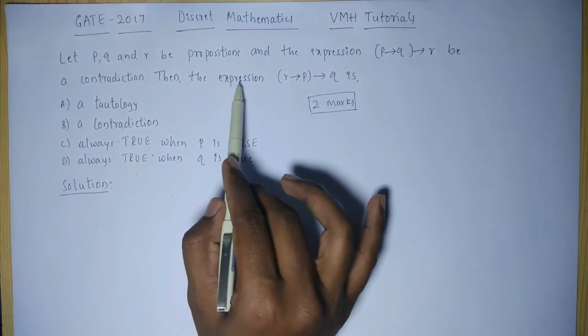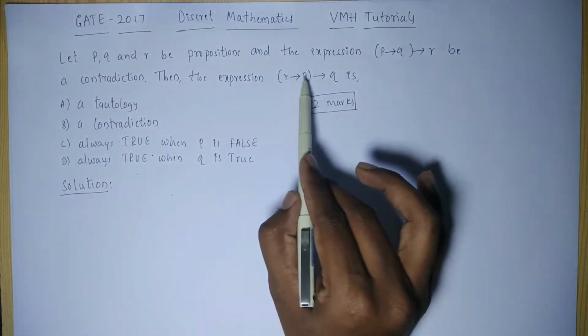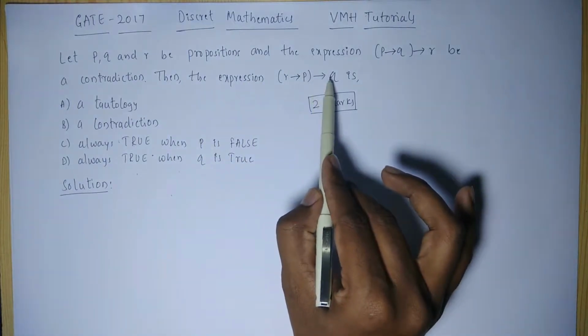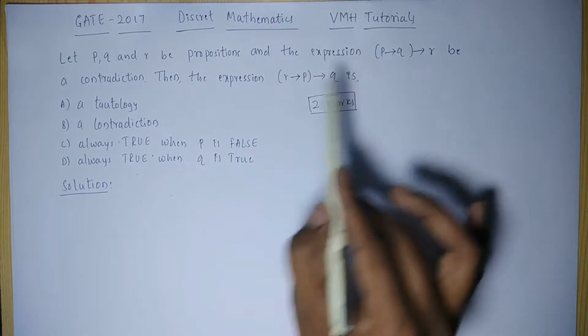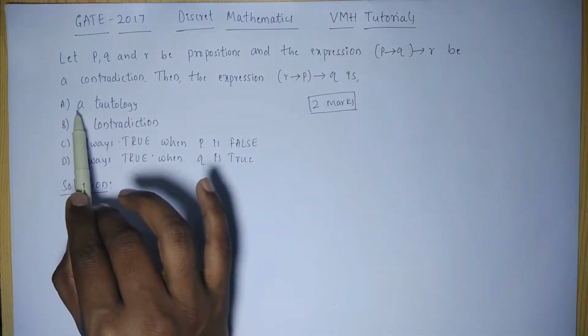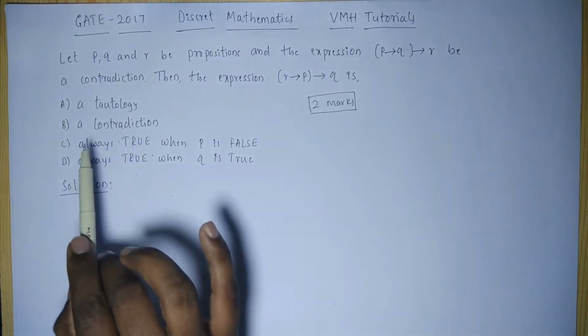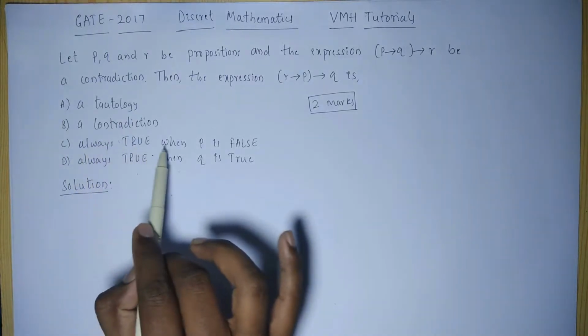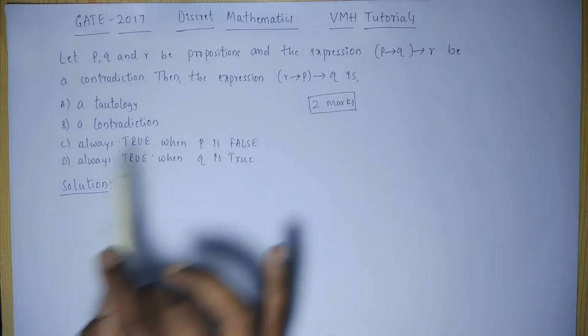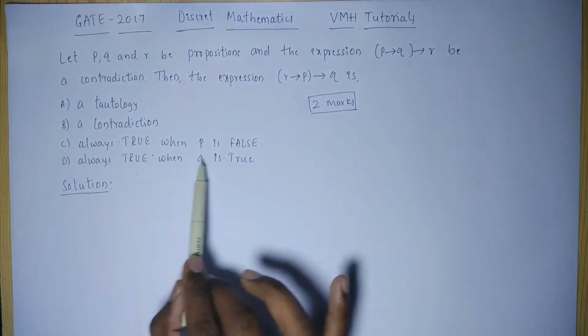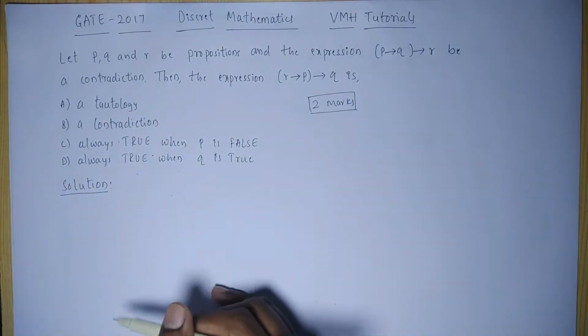Then the expression (R implies P) implies Q is: a tautology, a contradiction, always true when P is false, or always true when Q is true.